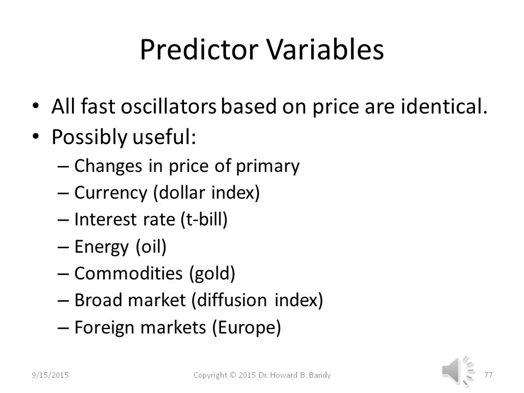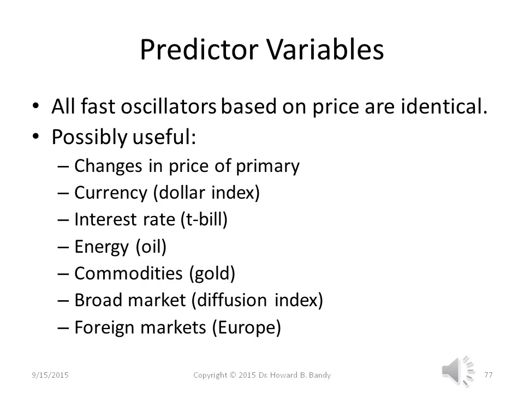Intermarket data is useful. Predictor variables can come from the change in price of the primary, from currency, from interest rate, from oil, from gold, broad market diffusion index, foreign markets, and so forth.